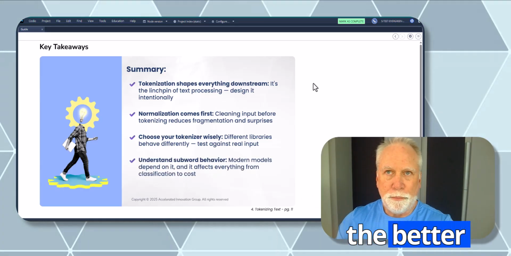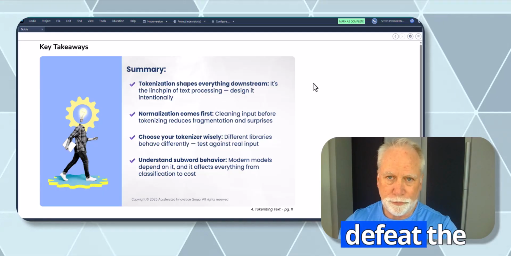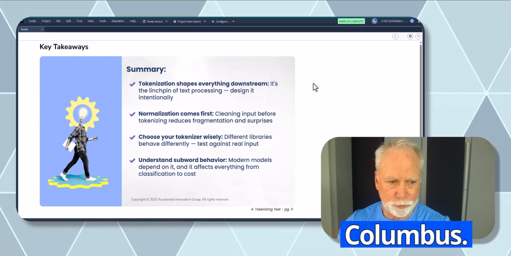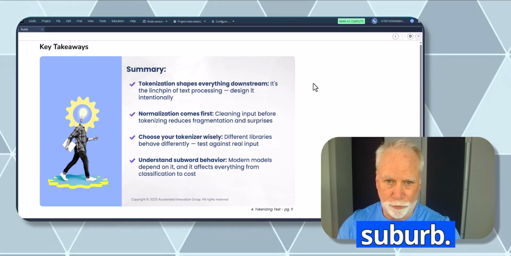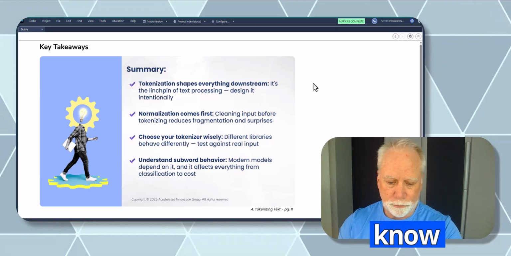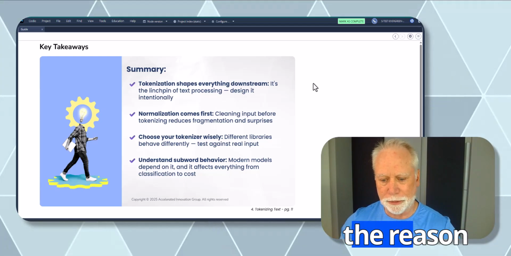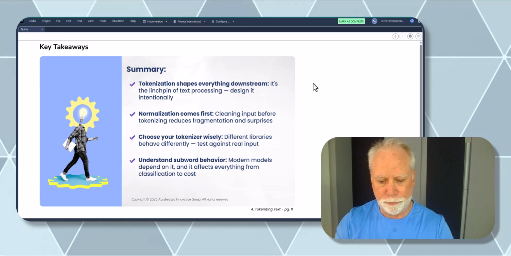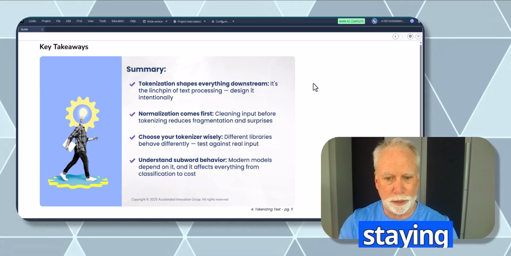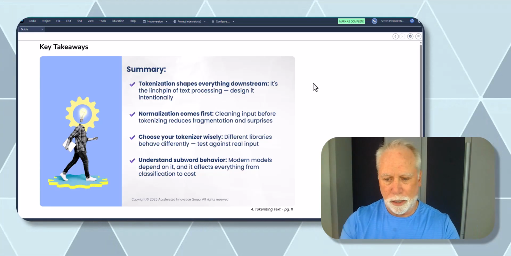And then the better you understand subword behavior, the better you're going to understand how to feed the current models, because they all really work off of that subword behavior, right? It's one of the reasons why simple misspellings work. If you spelled flight F-L-I-T-E, the reason something like GPT-5 can understand that is that it's breaking it into subwords: FLI and then TE.